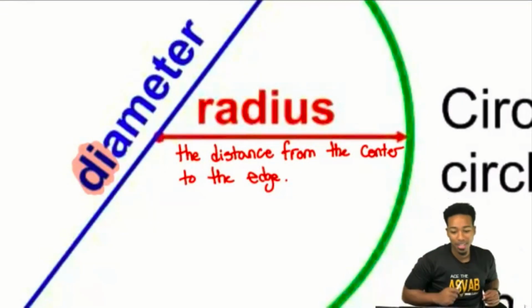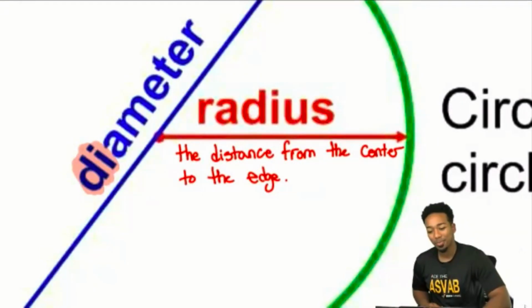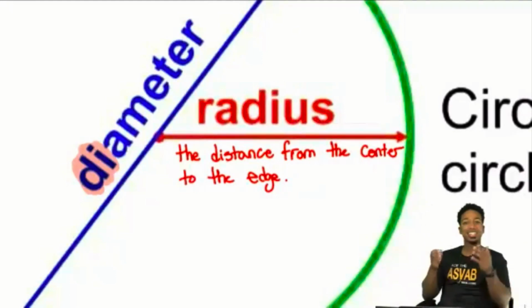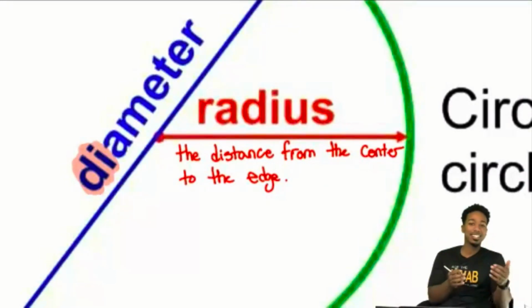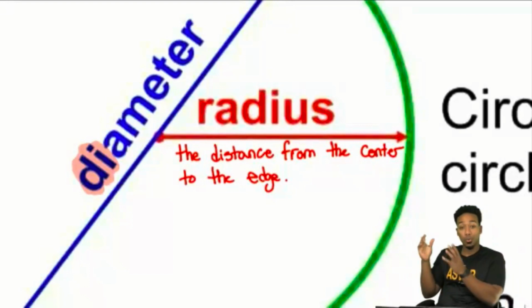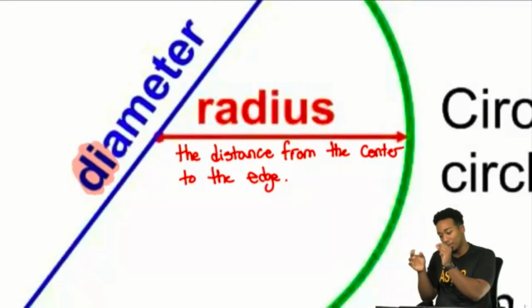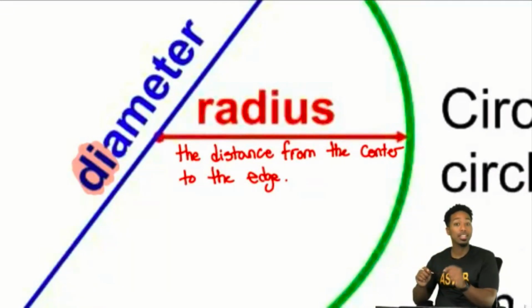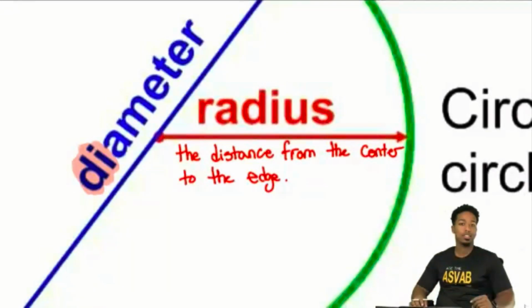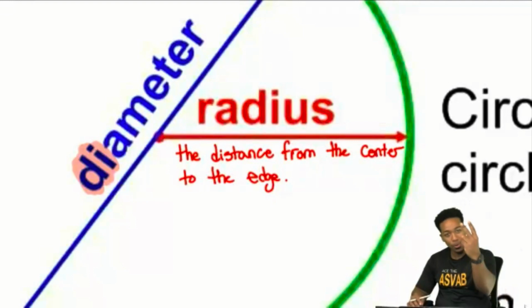I can't catch up. So with that, everybody, when I tell you that radius and diameter are related, it's this. The radius is literally from the center to the edge. Diameter is 2 of those. The diameter is 2 of the radius.